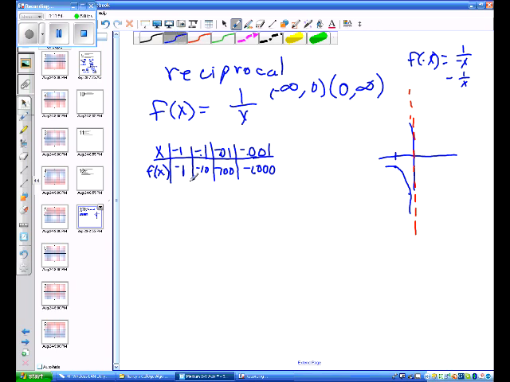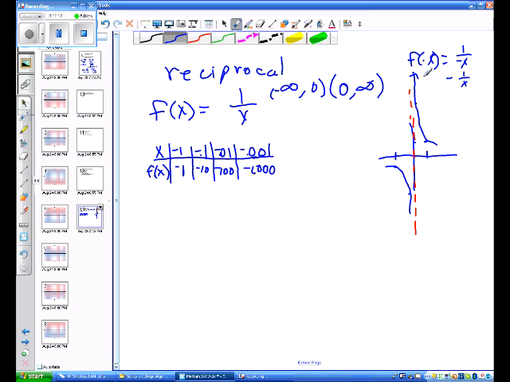Now we said that this was symmetrical about the origin, so that means when x is positive 1, y is positive 1. When x is 1/10, y is a positive 10, then a positive 100, and so we're doing the same thing, except we're going in the positive direction.